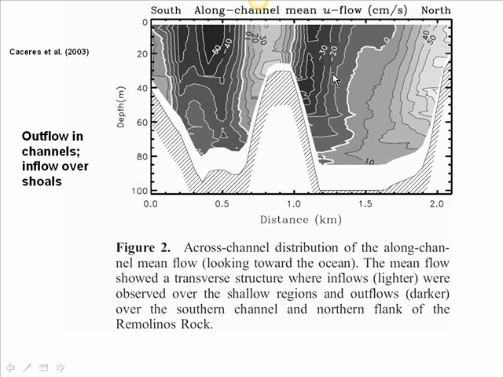So you can, with a little imagination, you can say that you have outflow in the channels and inflow in the shoal, or this shoal and over here. So this sort of not confirms, but it's consistent with the theoretical result in a long channel.